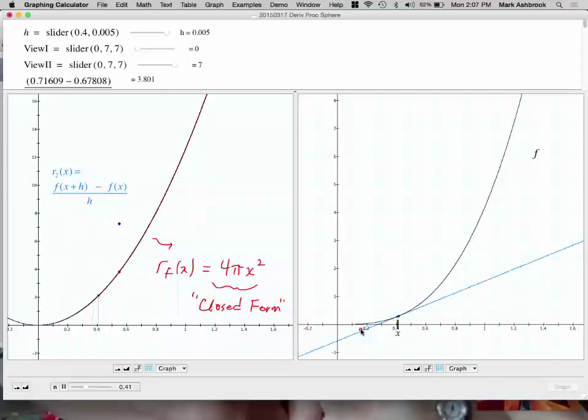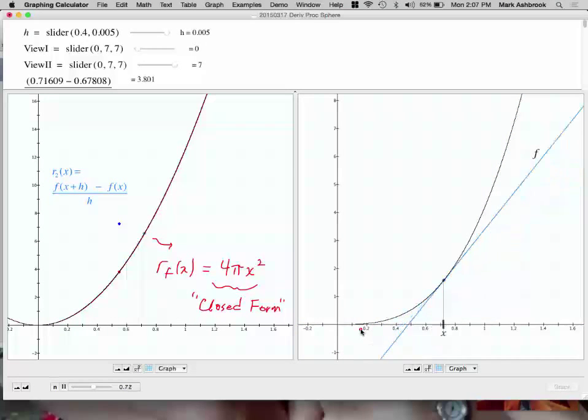A closed form representation of the function means you can just plug in inputs and rapid fire it gives you the outputs, as opposed to a rule that requires a process, a thought process. Closed form is rapid fire results, like a polynomial or a trig function or an exponential function or a log function. All these basic formulas you've been dealing with your whole math career. That's what we mean by closed form.